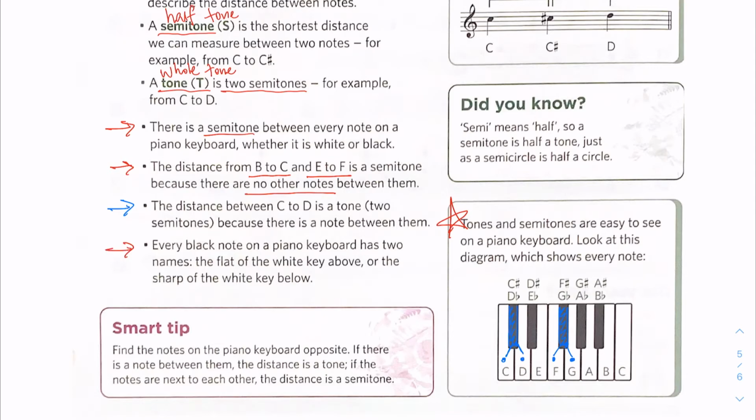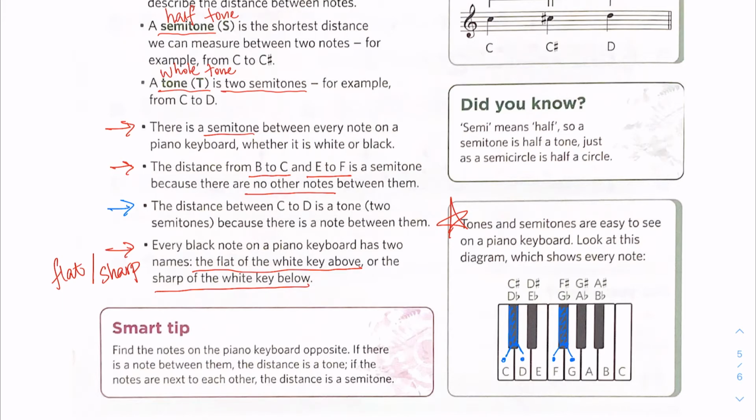Next, every black note on the piano has two names. They can be named as a flat or a sharp: the flat of the white key above or the sharp of the white key below.